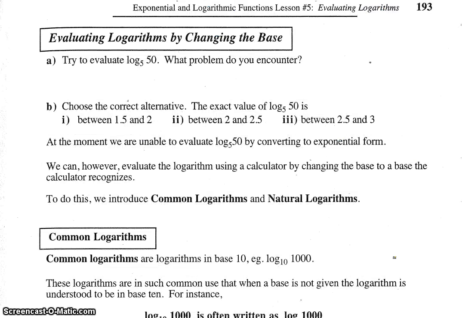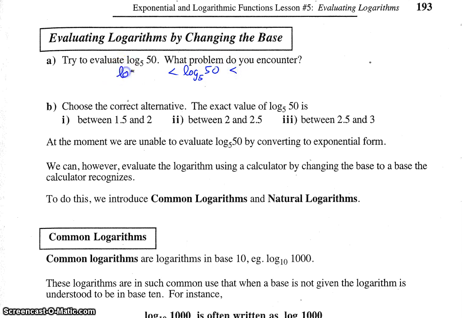Okay, we're going to look at evaluating logarithms using change of base, but before we do that, we're going to look at estimating what a log would approximately be. That's a curriculum objective that we need to do. So essentially what we're going to do is we're going to figure out, using some benchmarks, approximately what log 50, base 5, would be between.